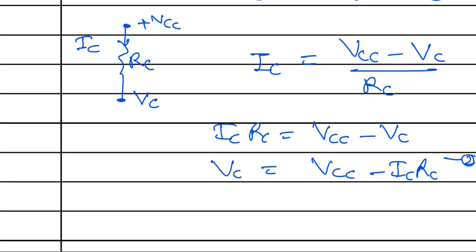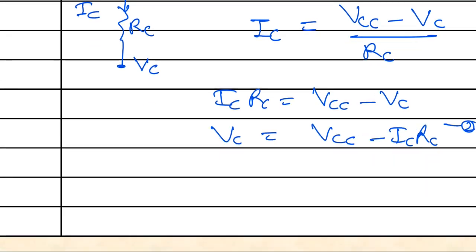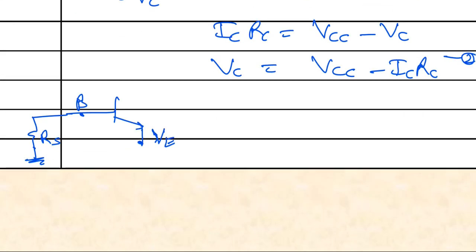Now what about VE? So just look at the transistor. Here is the emitter voltage. Here is the base terminal, base voltage, and here is the resistance. So मैंने अभी थोड़ी देर पहले बोला कि neglect base current because its value is very small.